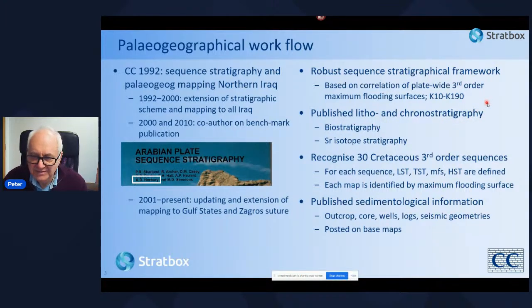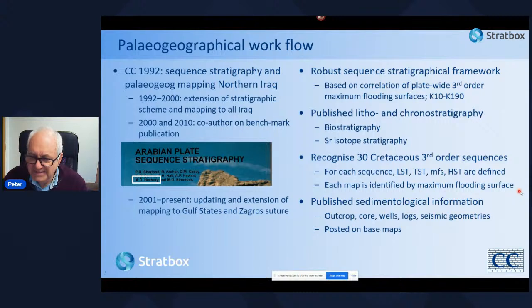So we've been refining the scheme. It's based on published litho and chronostratigraphy, integrated with biostratigraphy and strontium isotope stratigraphy where we have it. We recognise 30 Cretaceous third-order sequences, and for each sequence the lowstand, transgressive, maximum flood and highstand systems tracts are defined, and we have maps for each of these.